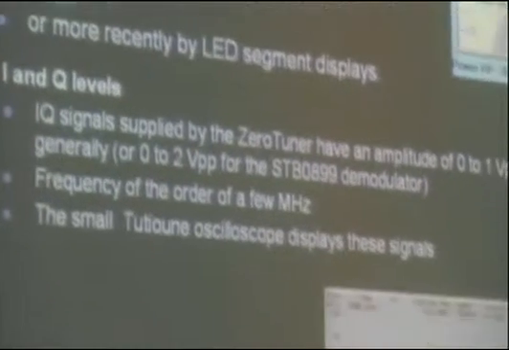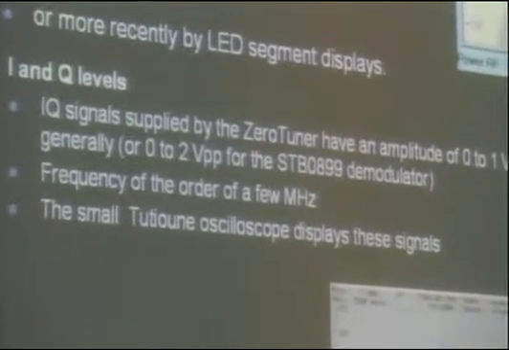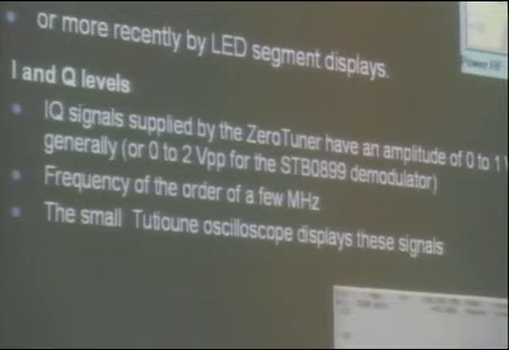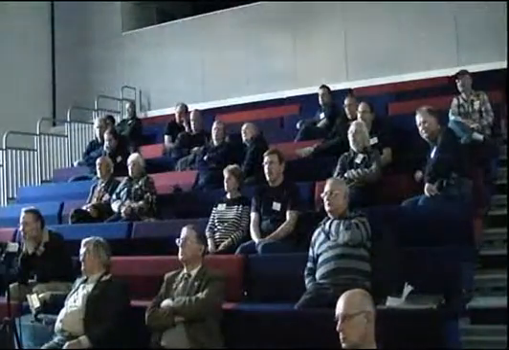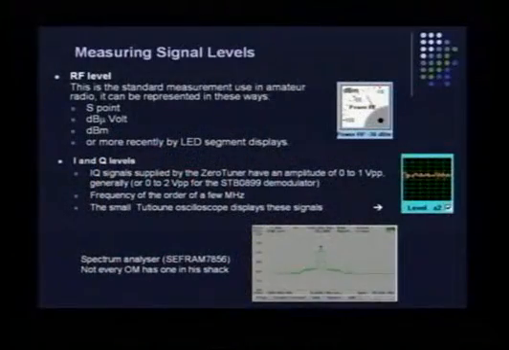I and Q levels are more difficult to obtain because it's difficult to find equipment that allows direct access to I and Q signals, analog signals. But when IQ are digitized, the STB899 can give you information about IQ.